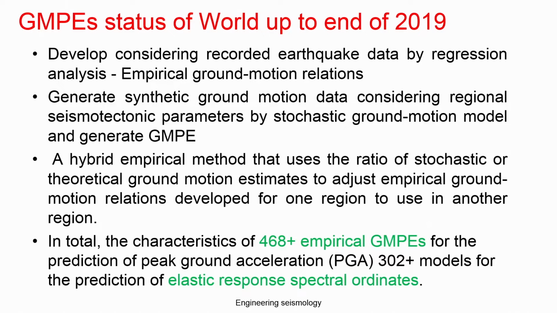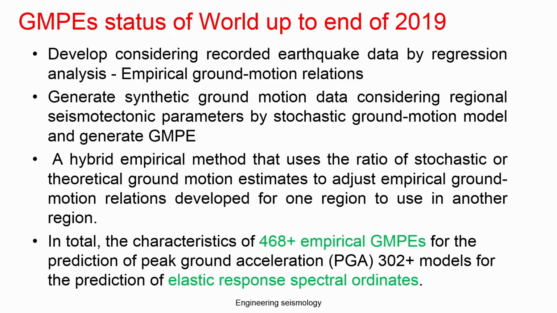That kind of ground motion equation is called a stochastic ground motion model, where the stochastic data has been used to arrive at the functional form and constant values. The hybrid is where they develop a model for one region and adjust it for another region by taking some kind of consideration. That kind of model is called a hybrid empirical model. So there are three ways you can develop ground motion models.